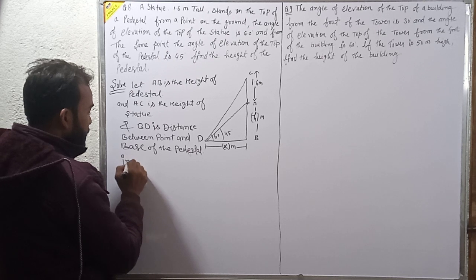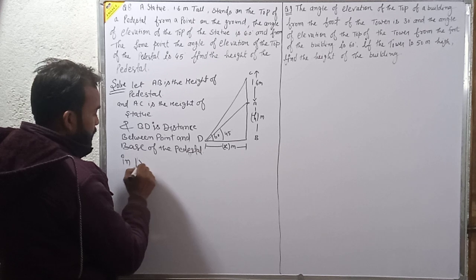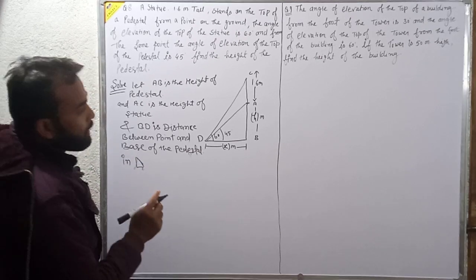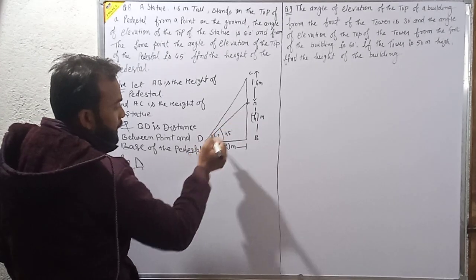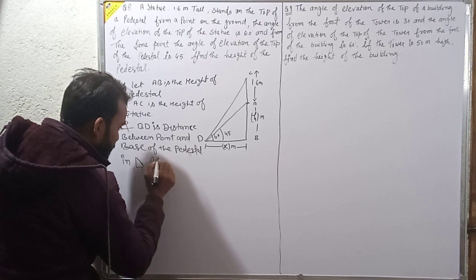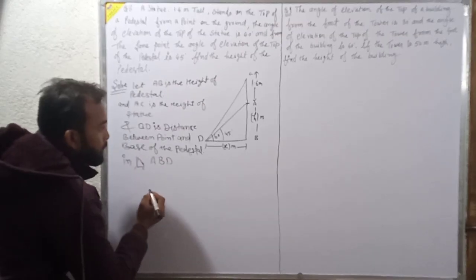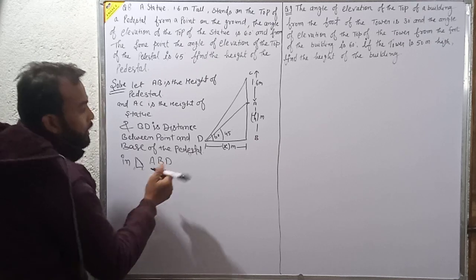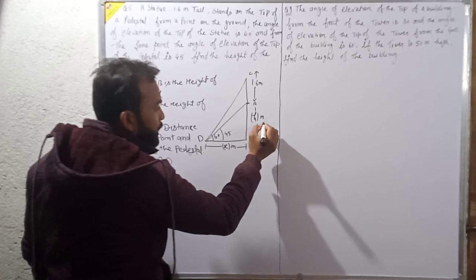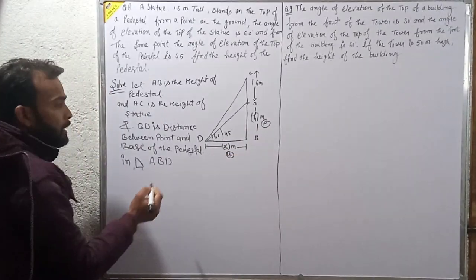Now in right angle triangle ABD, this angle is equal to 45. We have to find the relationship between P and B. This will be tan.